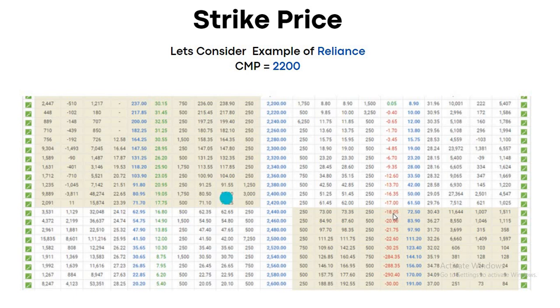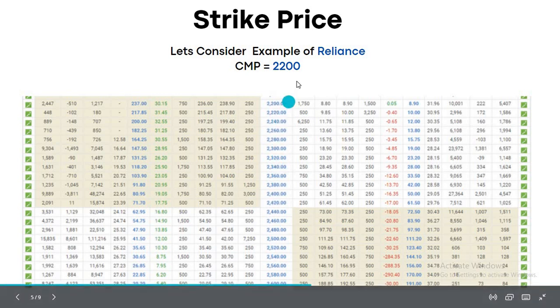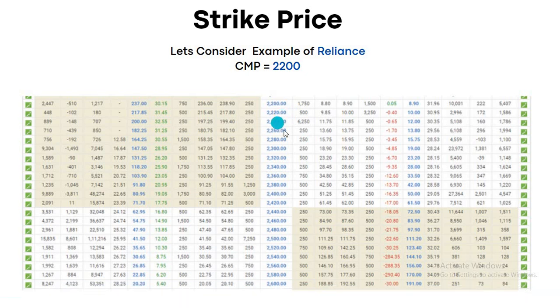Okay, if you see closely in this option chain chart, these blue values are known as strike prices, and if you see carefully, there are only 20 points difference between the strike prices. Will it be the same for all the stocks? No, and these differences between the strike prices are decided by the exchange, and it will vary from stock to stock.